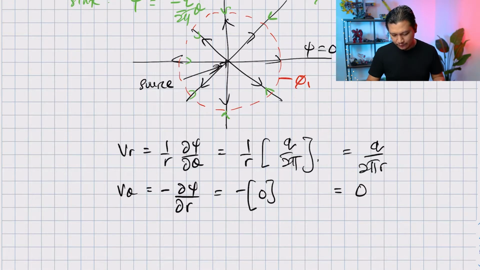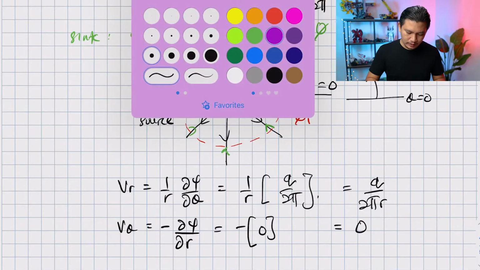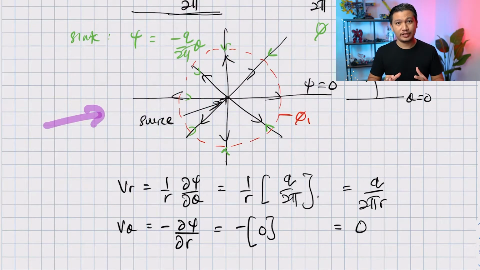And now that we have the tangential and radial components of velocity, what happens to the velocity in the x direction and the y direction? In situations such as the source and sink, it almost does not make sense to represent this in Cartesian coordinates because the flow is moving outward. So representing this in polar coordinates makes a lot of sense.